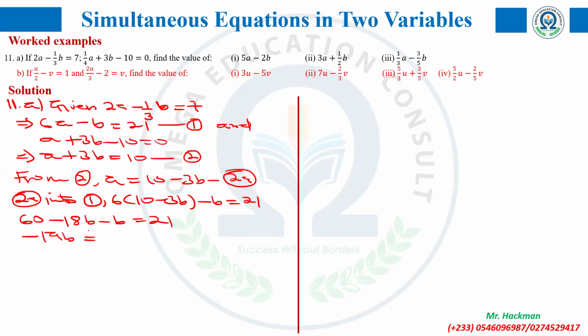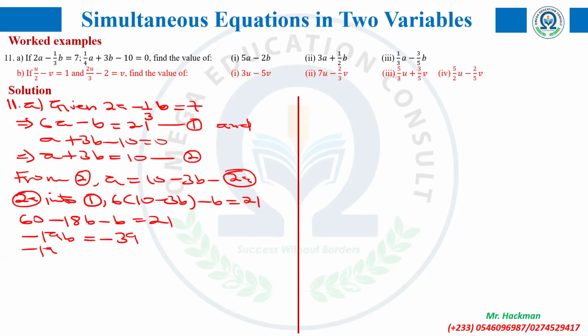is equal to, and you are going to get what? 21 minus what? 60. And we all know that, yes, 21 minus 60. So we are going to get 21 minus 60 will give us minus 39. So you get minus 39 here. You write it again before you divide.